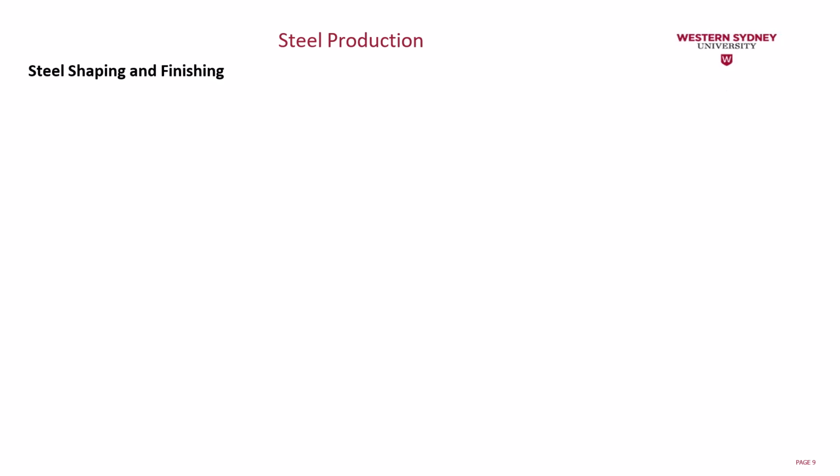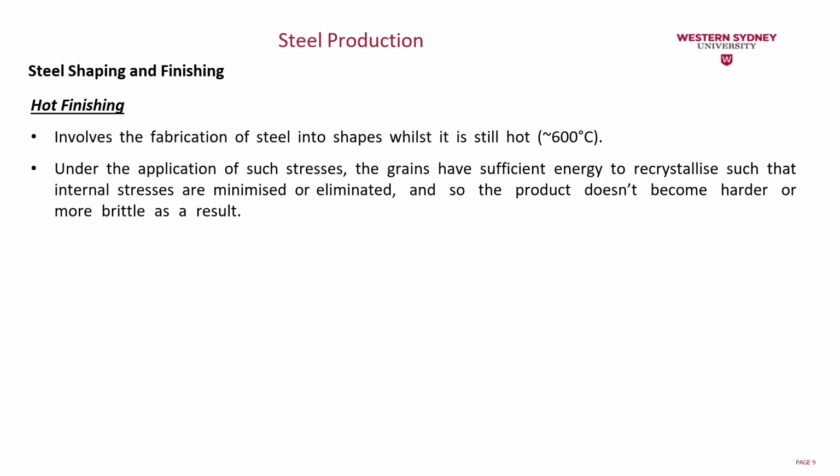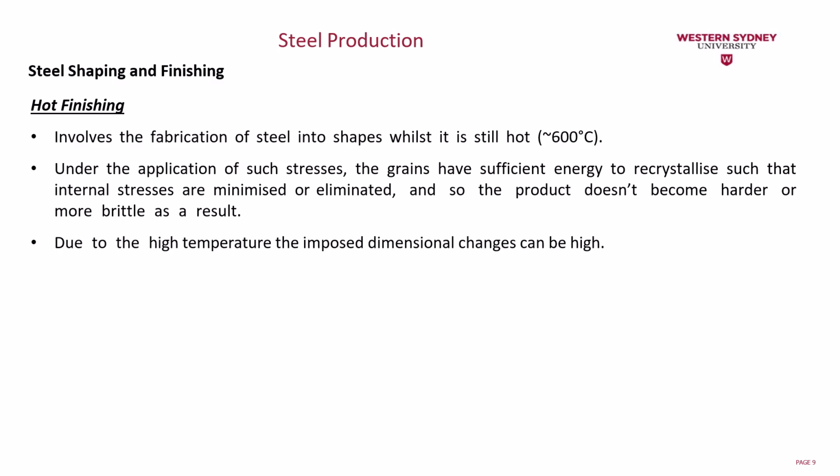In the steel shaping and finishing processes, hot finishing involves the fabrication of the steel into a shape while it is still hot, at something like 600 degrees. Under the application of such stresses, the grains have sufficient energy to recrystallize, such that the internal stresses are minimized or eliminated, and so the product doesn't become harder or more brittle as a result.